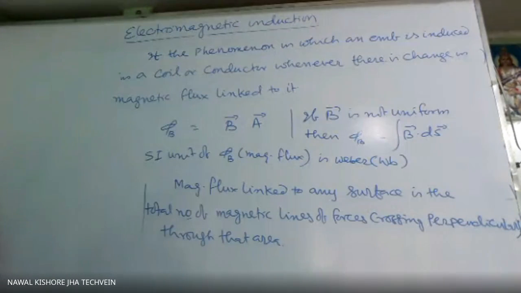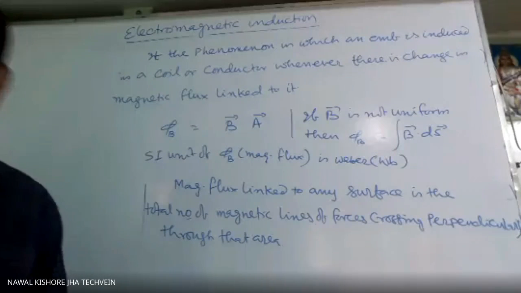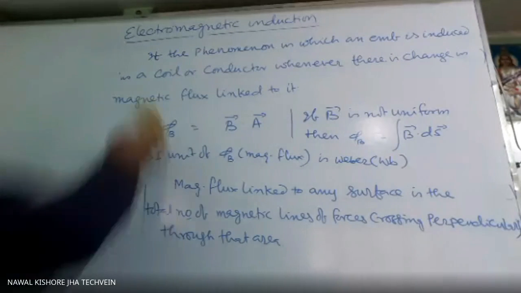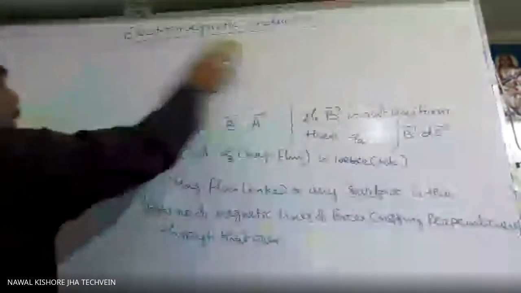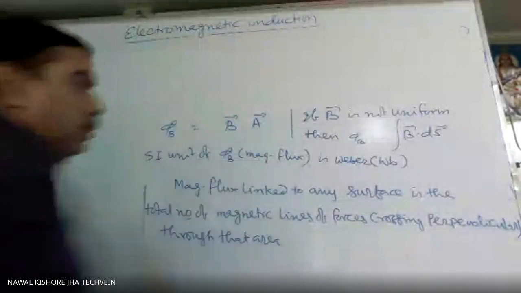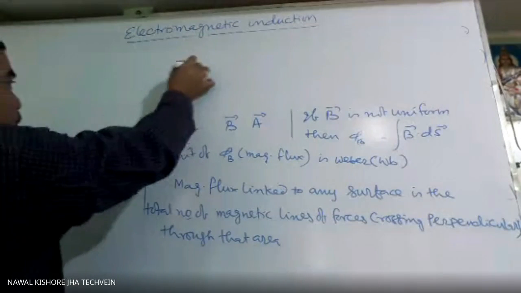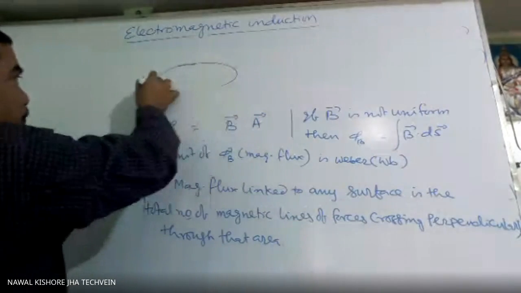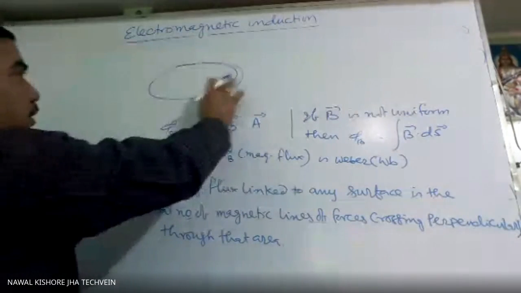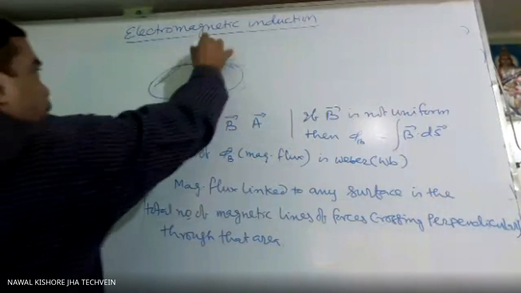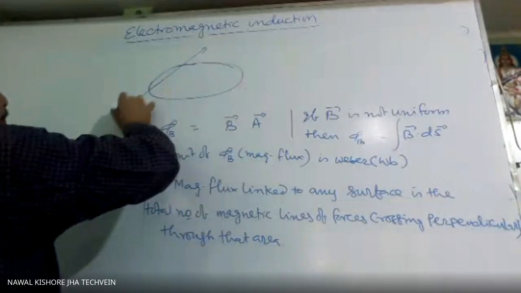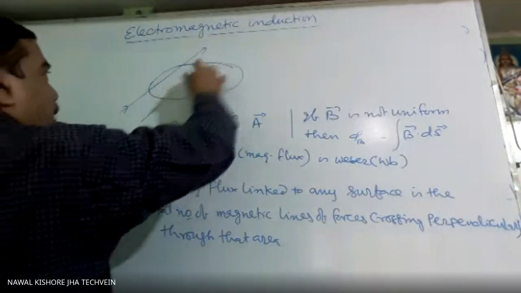If magnetic lines of force are along the area vector, suppose this is the loop or any plate, and the magnetic field is this one, uniform we are considering for the example.